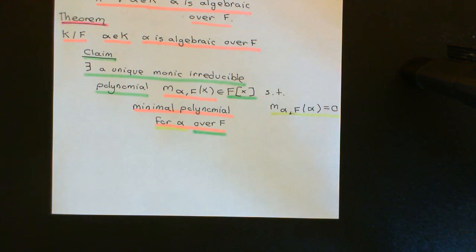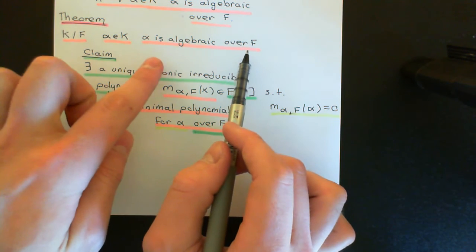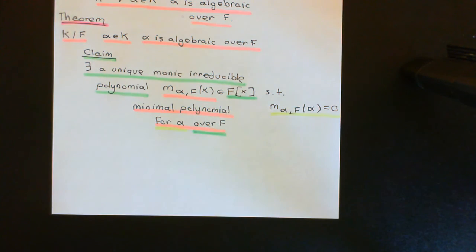Okay, right, so the first thing to say is because alpha is algebraic over F, there must exist at least one non-zero polynomial in the ring of polynomials over the field capital F, which has alpha as a root.